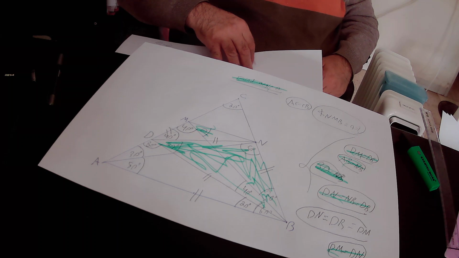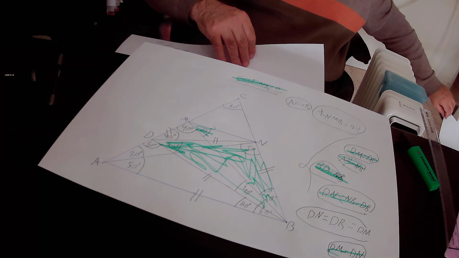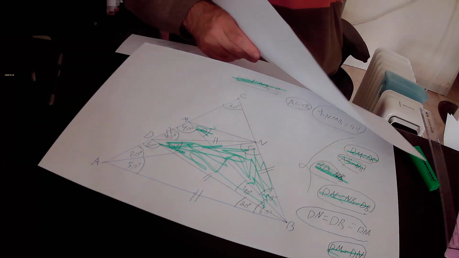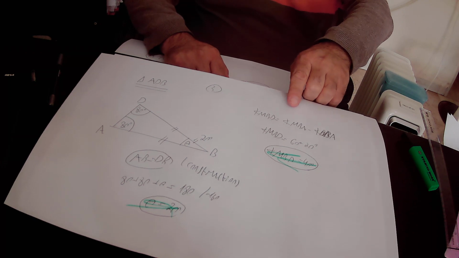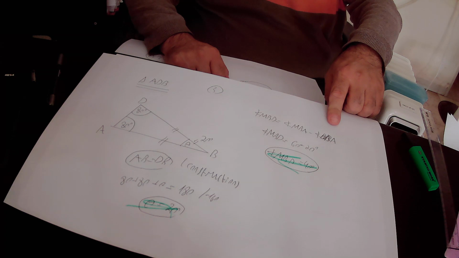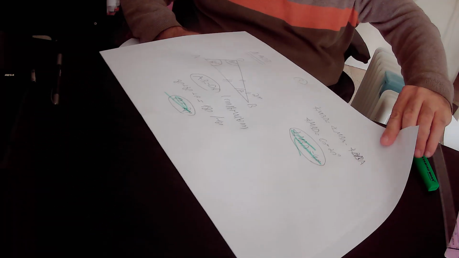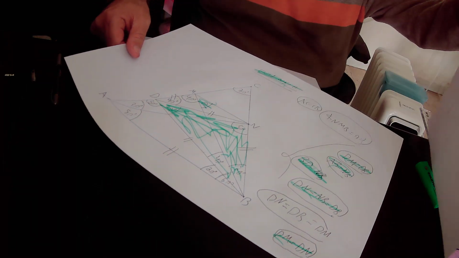So here we have, repeat again, the missing angle, that is angle MBD, equals the big angle MBA minus the small angle, that is angle DBA. The small angle is angle ABD.